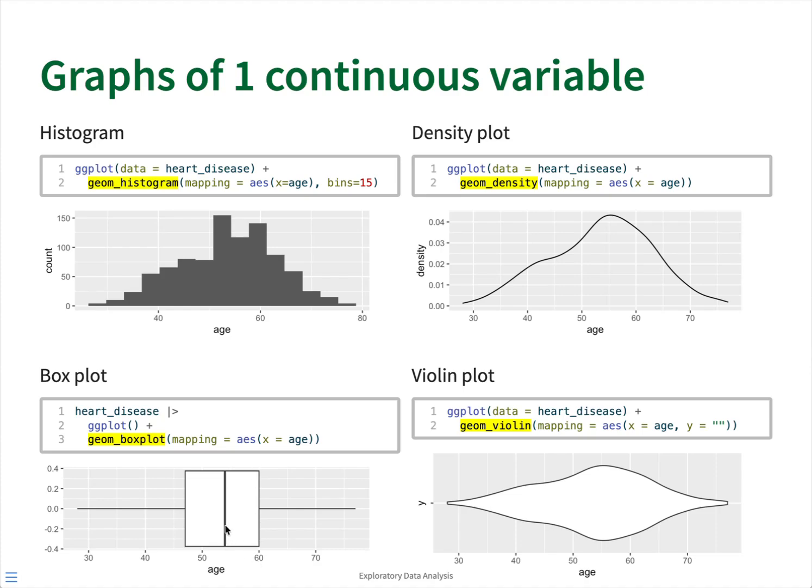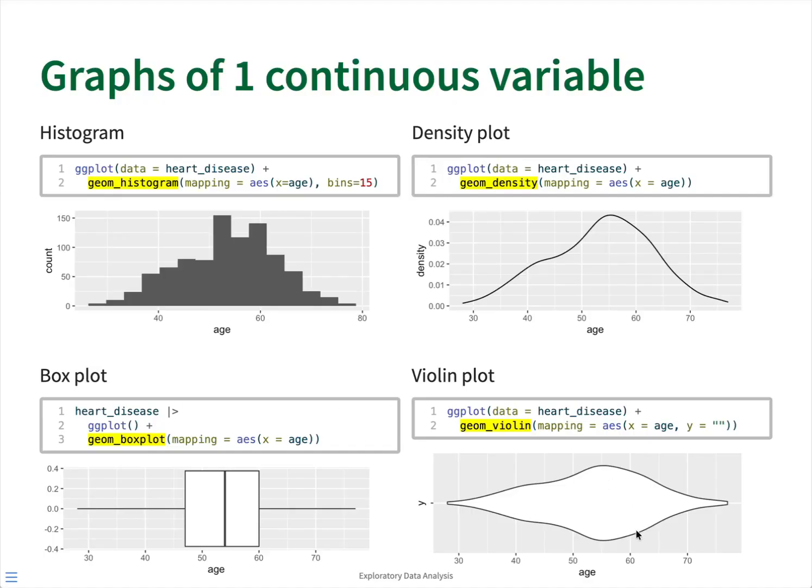The thick black line in the middle of the box is the median value, or the 50th percentile. The lines to either side of the box show the extent of the data.